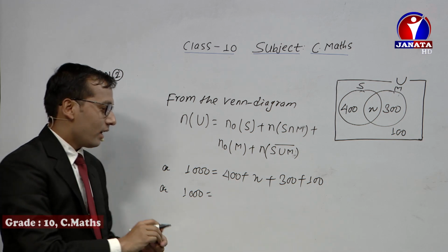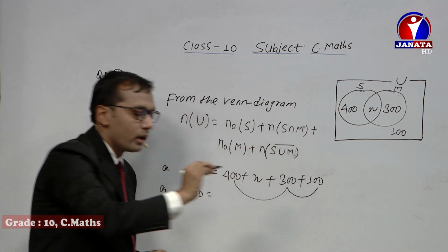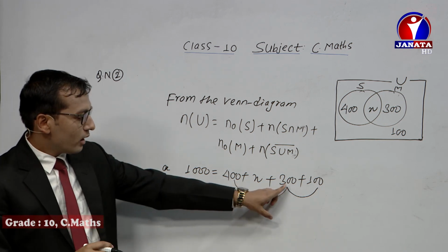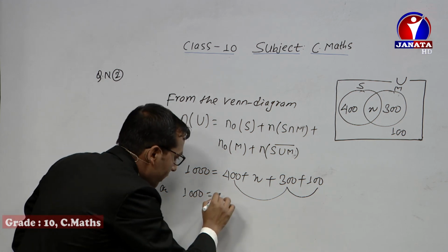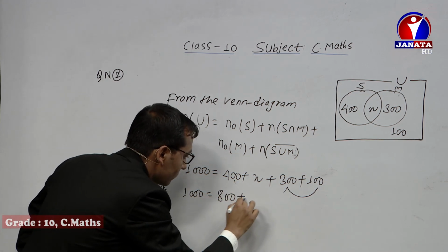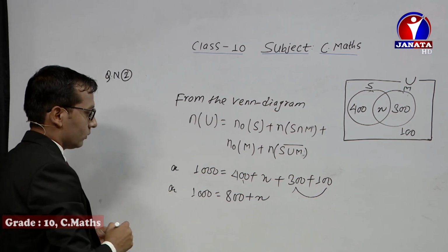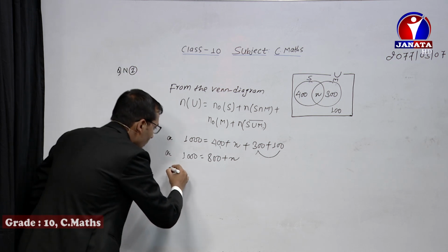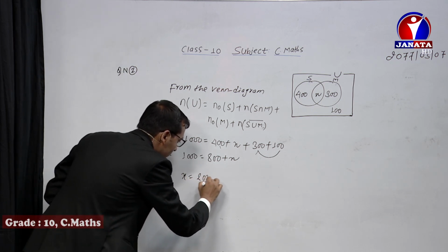Let's add 400 plus 300 plus 100. 400 plus 300 is 700, plus 100 is 800, plus X. So 1,000 equals 800 plus X, so X is 200.